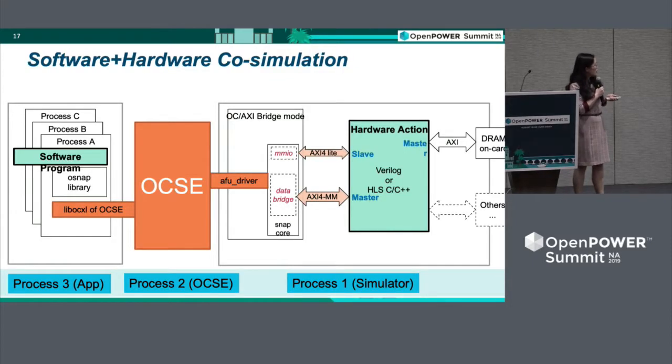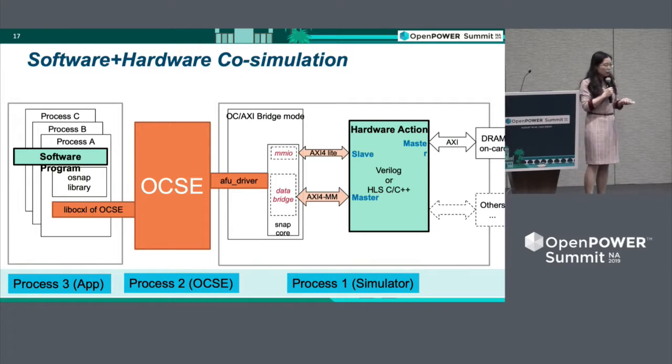Okay, this picture shows OCSE. So how do we run a software and hardware co-simulation? We will start at least 3 processes on our development environment. The first one is to start the simulator.